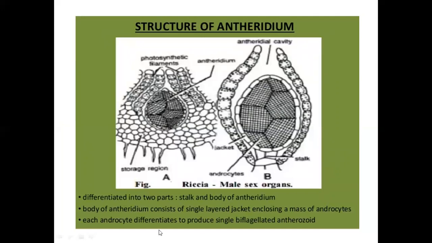Structure of antheridium. It is differentiated into two parts, stalk and body. This is the stalk and this structure is the body. The body of the antheridium consists of a single-layered jacket enclosing a mass of androcytes. Each androcyte is differentiated to produce a single biflagellate antherozoid.